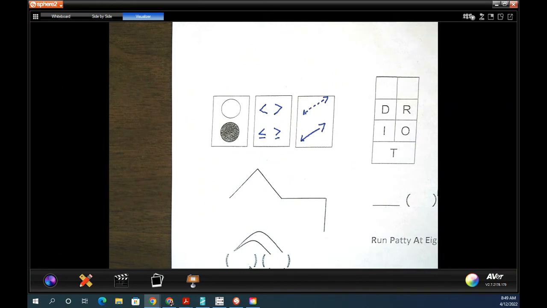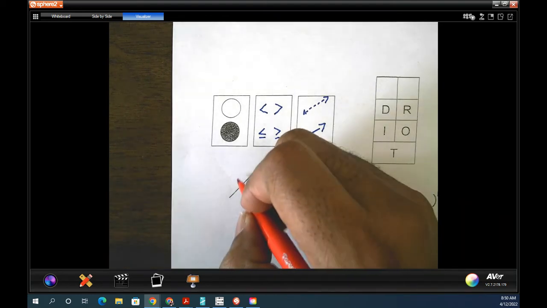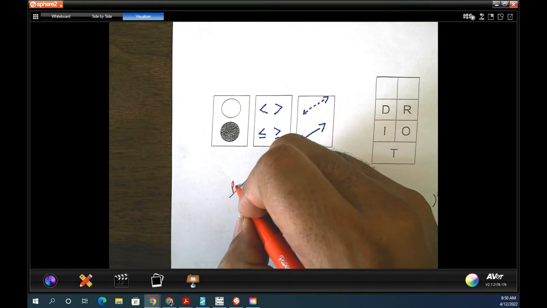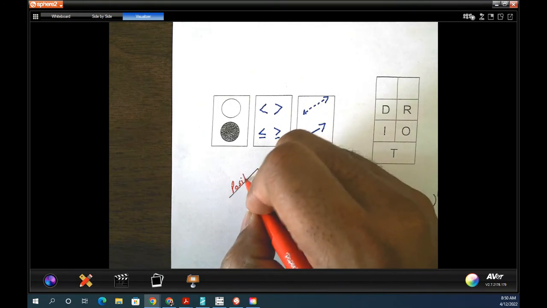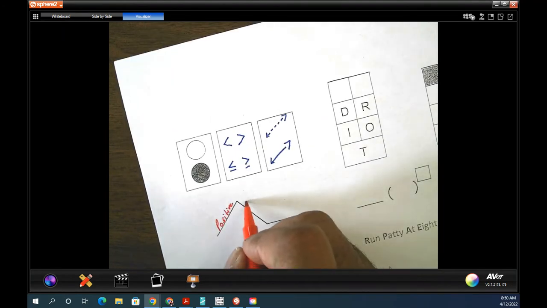The next one. We're talking about slope. So this would be positive. That would be positive. When the line's going like this, negative slope.